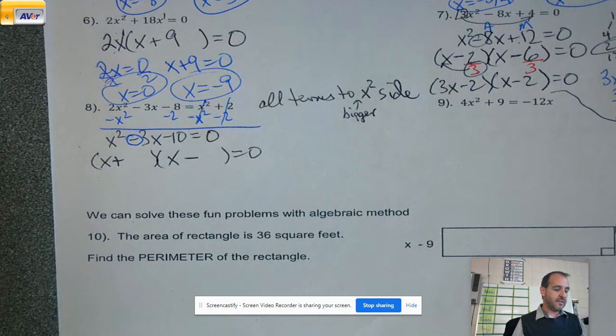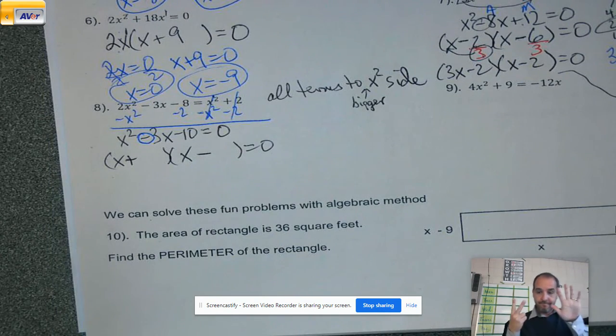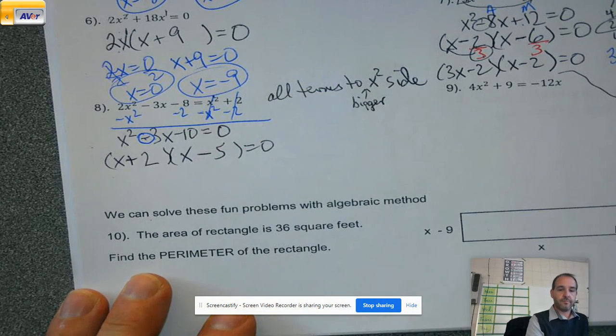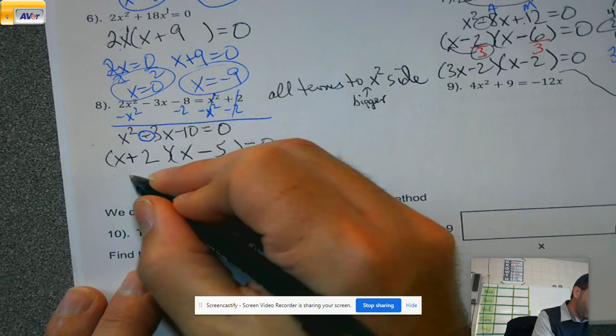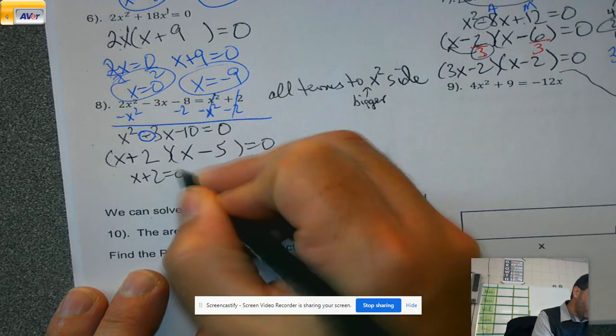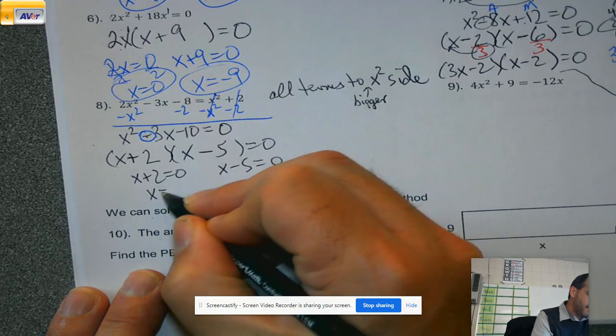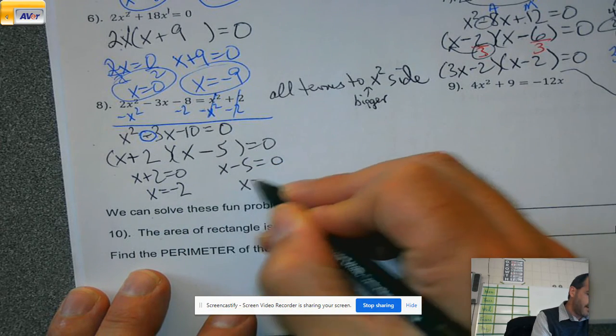I don't even think we need a list for this one. Multiplies to 10 are 3 apart. 5 and 2. Negative is bigger. Set them equal to 0. X is negative 2. X is 5.